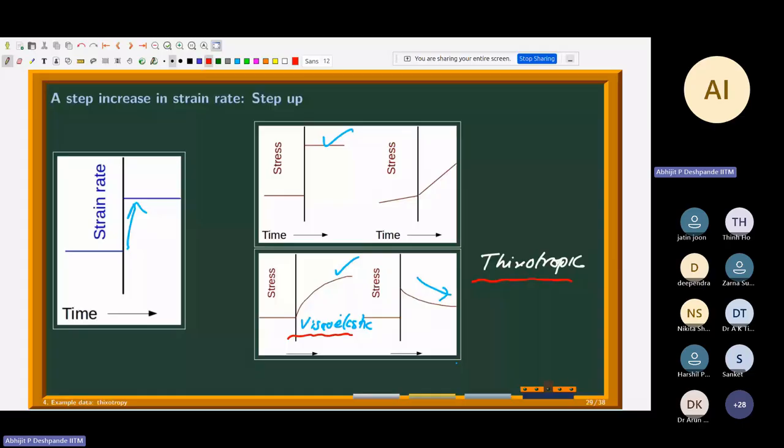And naturally, we shouldn't be surprised if we obtain a result where, from a constant value, there is an increase and then a decrease and then becoming constant. This is nothing but thixotropy and viscoelasticity both. So that's why this is a thixotropic response, and elastic and viscous.